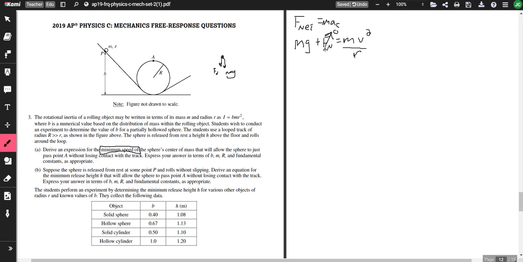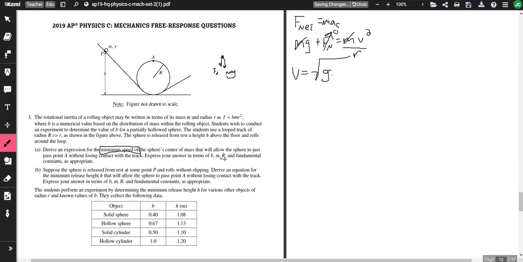And even though there is no normal force, you could still consider this to be somewhat in contact, just not actually exerting a force onto it. So from here, I just solve this, drop the m's. V ends up being the square root of g times r.